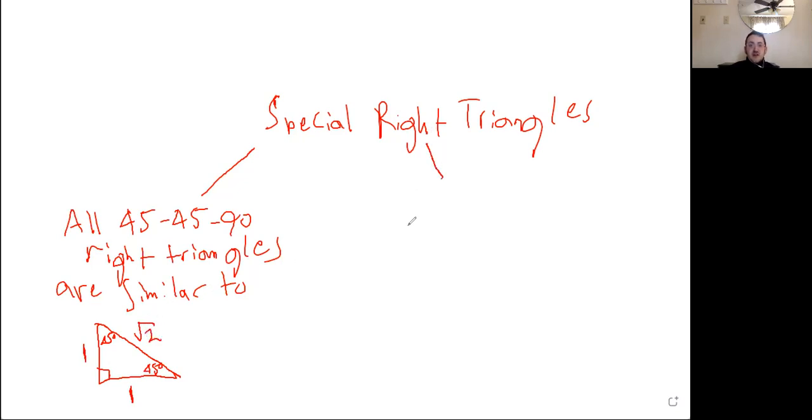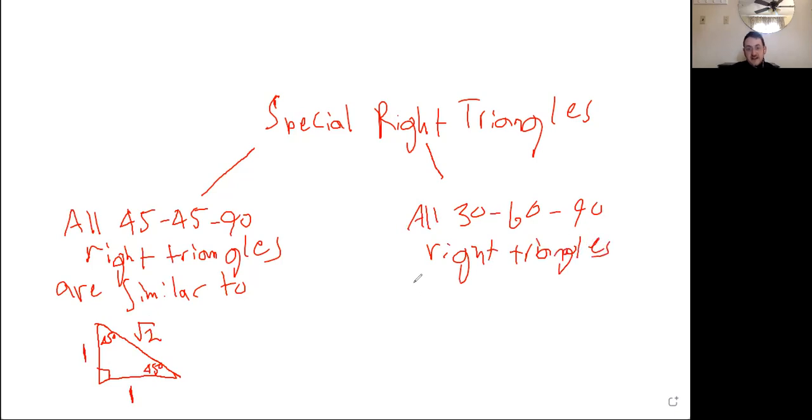We also have, as the other type of special right triangle, a 30, 60, 90. What this means is that all 30, 60, 90 right triangles are similar to the reference triangle. So the short leg would be 1.